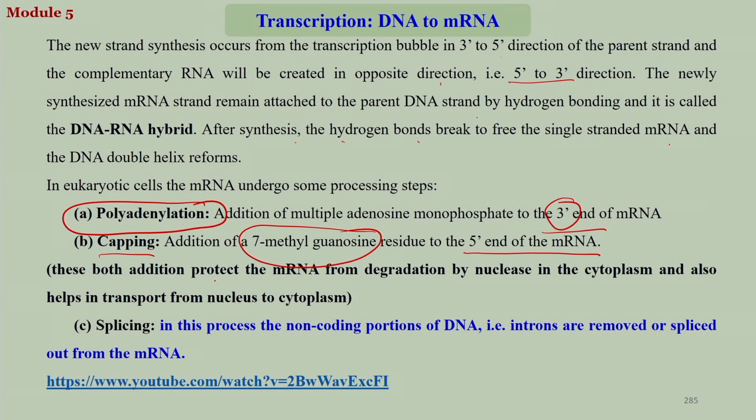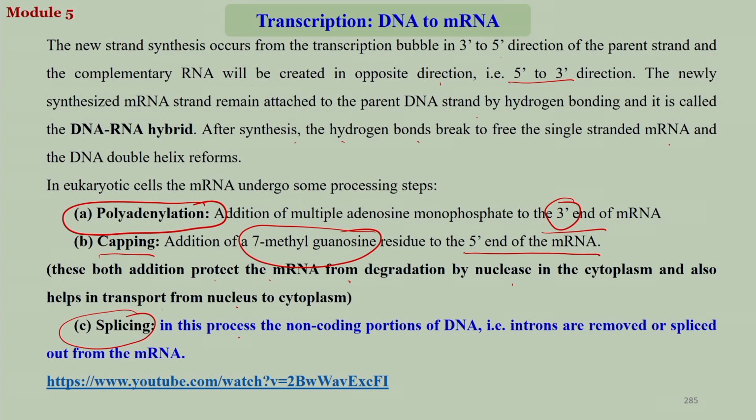So, both additions protect the mRNA from degradation by nuclease in the cytoplasm, and also help the transport from the nucleus to the cytoplasm. So, this is about the maturation of the mRNA. Once the mRNA gets matured, then comes the splicing.